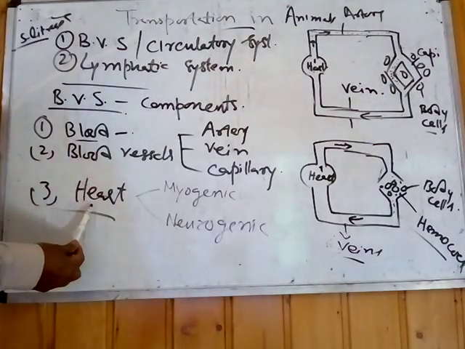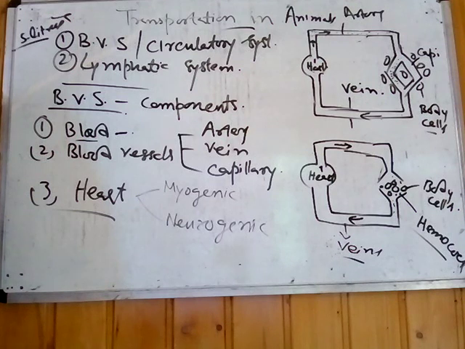Heart is the pumping organ which keeps blood in a flowing condition, and heart is the most important structure. All the structures are equally important, but still the movement of blood through the blood vascular system or the blood vessels is maintained due to the contraction of the heart.